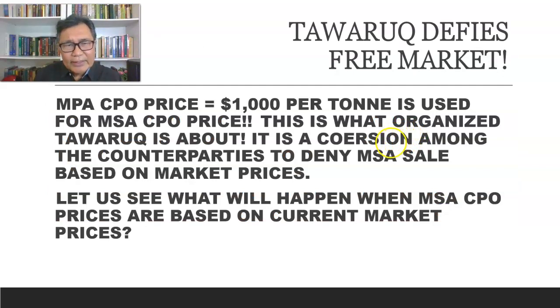Now, what has happened here is coercion, because Tawaruq is an organized system between the bank and the depositors and the vendors to ensure that the customer gets the same outcome or the same benefit that is available in the riba-based FD.